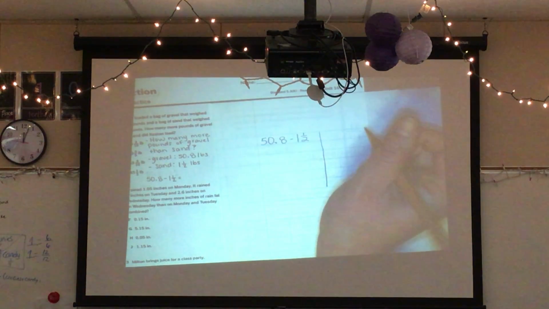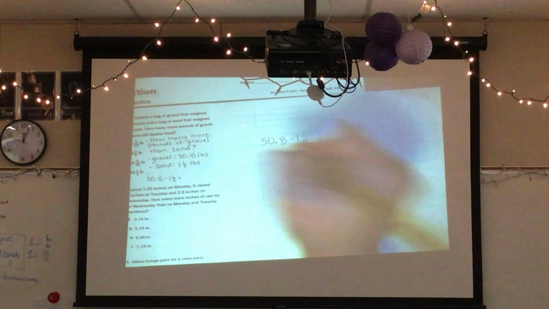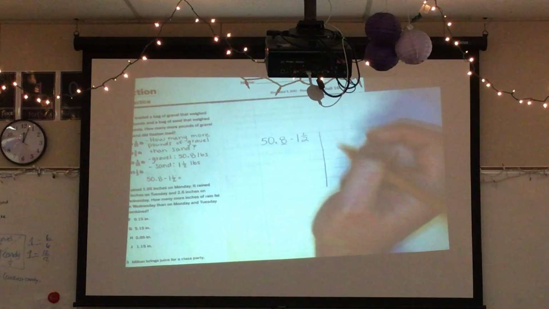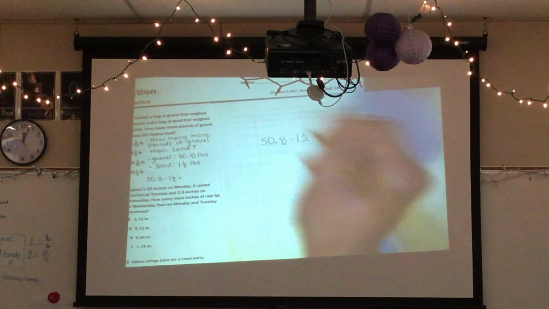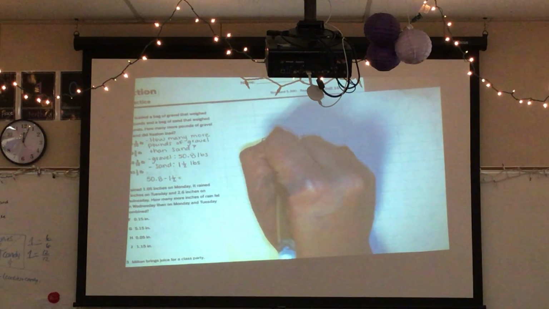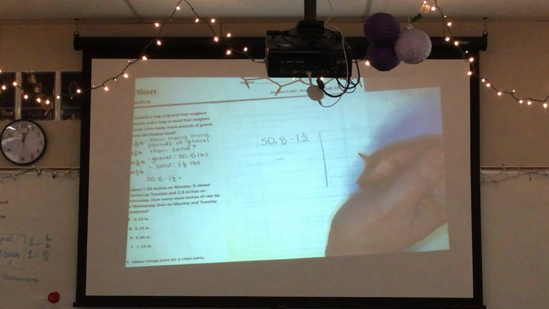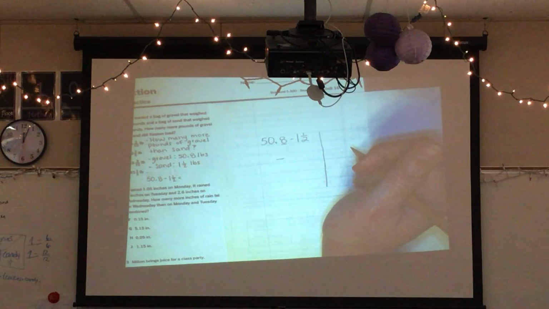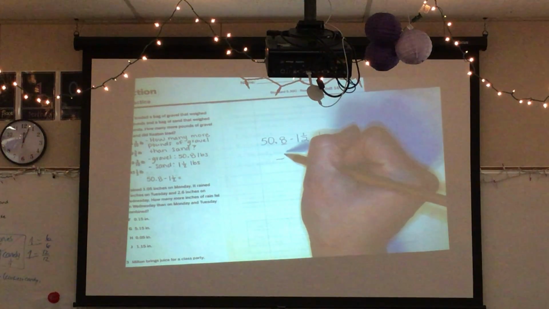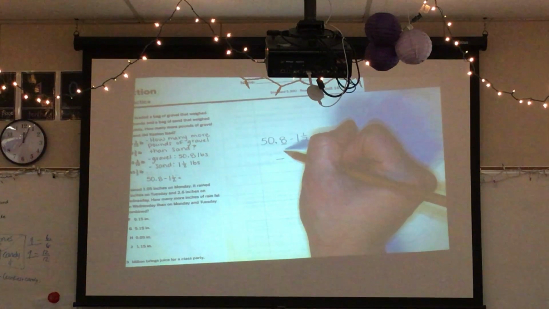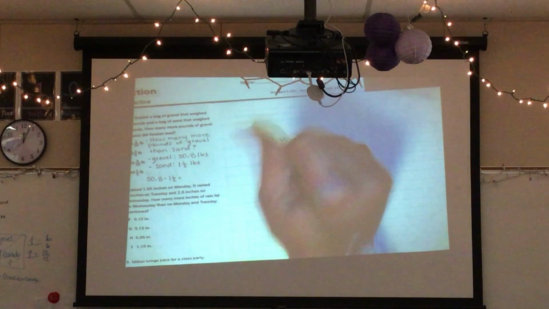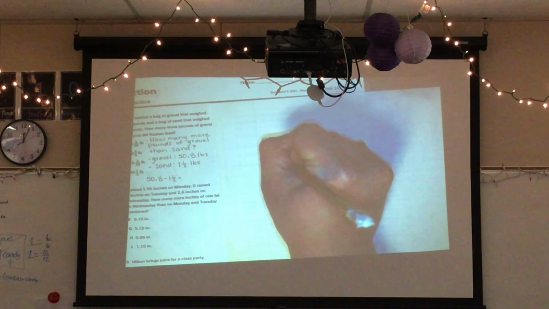You underline the last digit and identify the place value. Okay, what's that place value? Tenths. So what's going to be my numerator? 8. And my denominator?